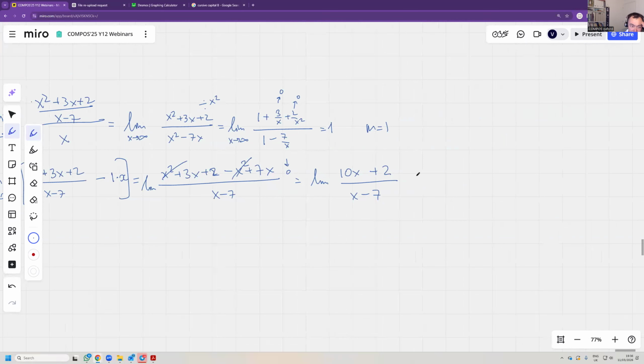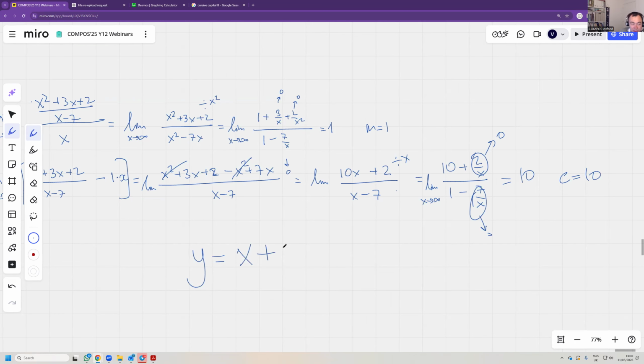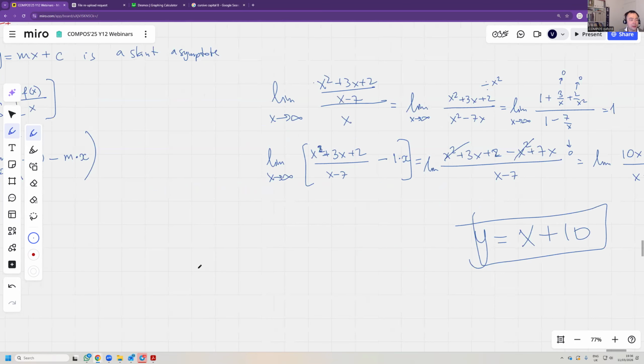We divide top and bottom by x, and we get 10 plus 2 over x, over 1 minus 7 over x, limit as x tends to infinity. So this tends to 0, this tends to 0, and we get 10. So c is 10. So the asymptote is y equals x plus 10, as we already established.